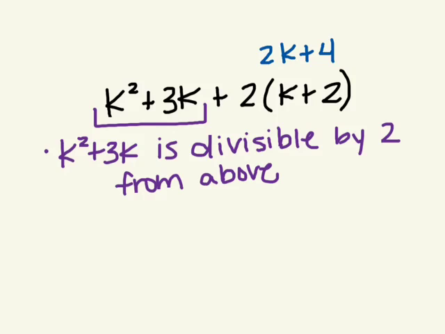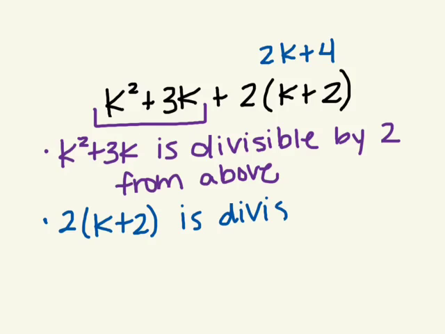And then 2 times k plus 2 is divisible by 2 since we can pull a 2 out. Since that 2 is pulled out, that's also divisible by 2. So the only thing that we really need to deal with here, the only thing we have left, is this plus.